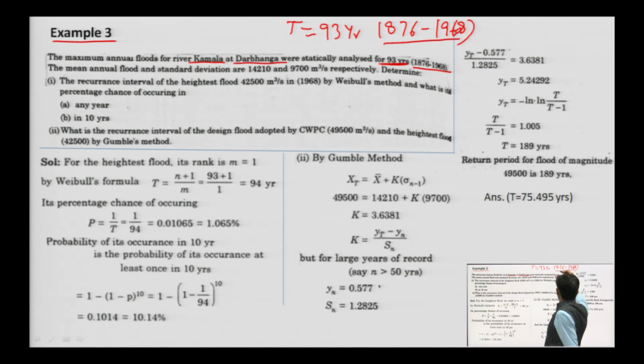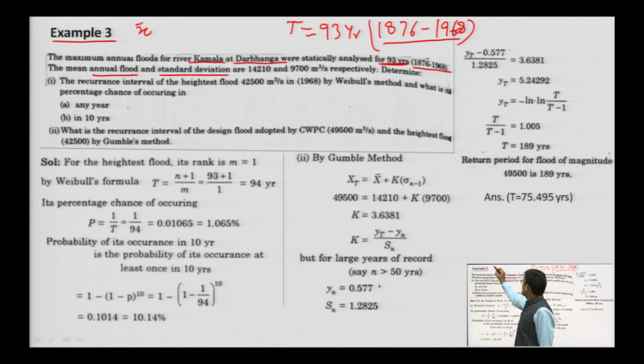During that interval we have the data, and the mean annual flood and standard deviation are given, meaning x bar and sigma n minus 1 are given to us. Its value is, mean is how much?